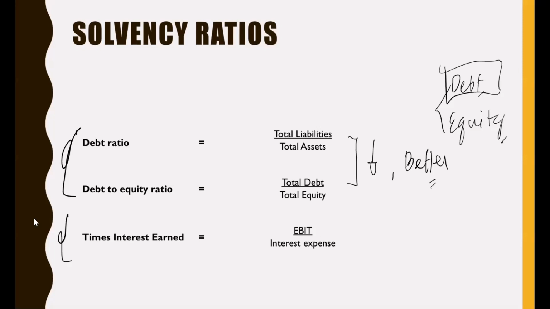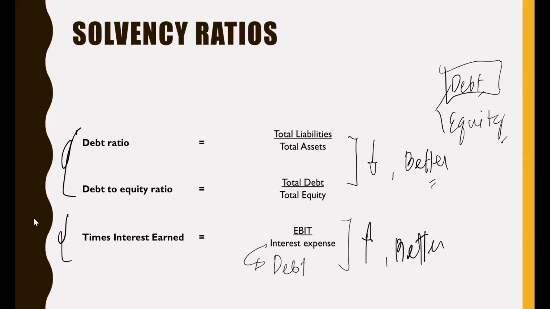Again, for times interest earned, this measures the ability of the company to pay the interest expense. This of course comes from the debt that we have. So this is your payment for the debt or liabilities. So for times interest earned, the higher the better.